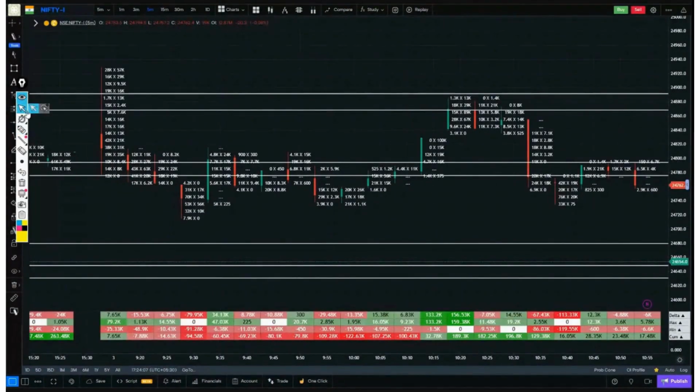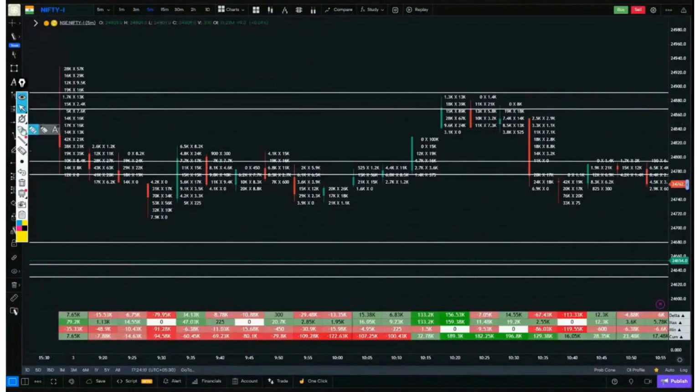For example, let's take the second candle. Today, there is a red candle. This is the footprint of that candle. On the right side, we have buyers. On the left side, we have sellers. If we total all the buyers on the right side, their combined total will be, let's assume, around 1 lakh plus, 1 lakh meaning the value of the buyers.